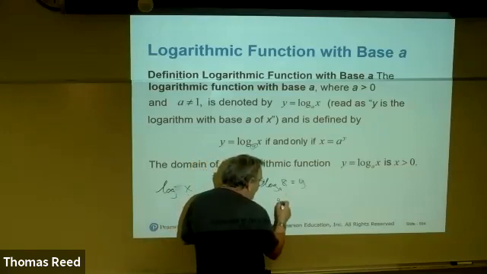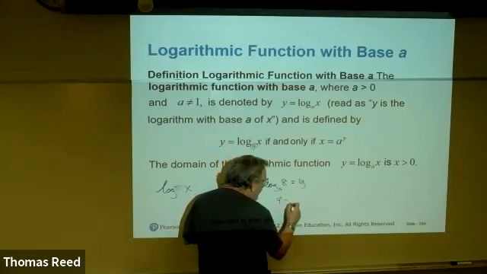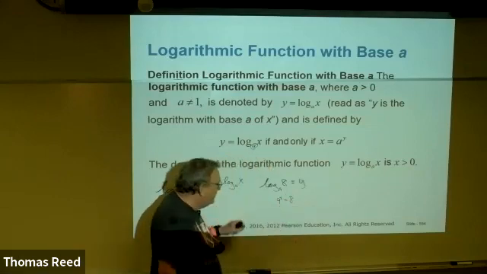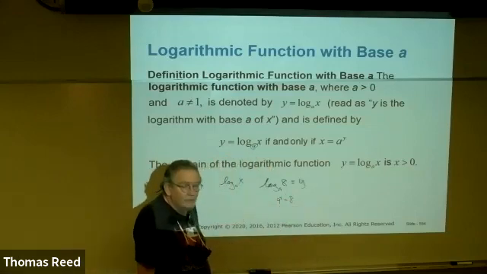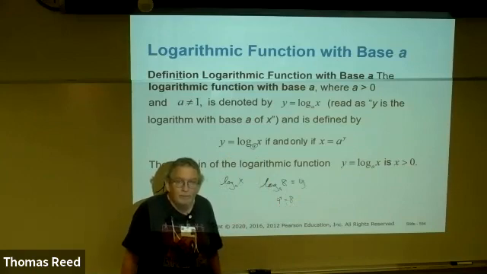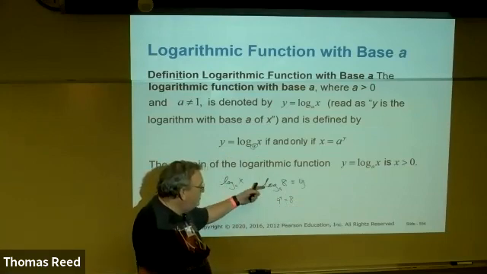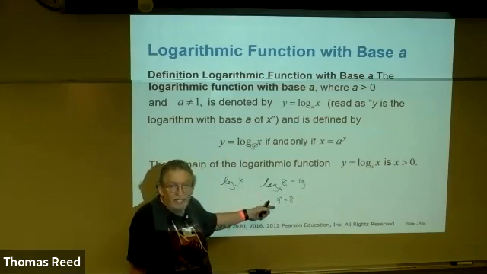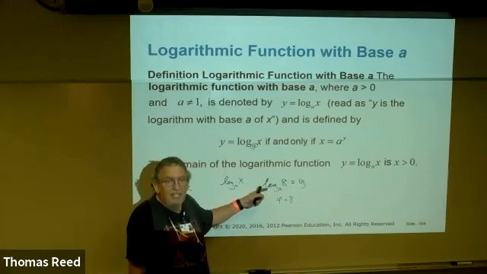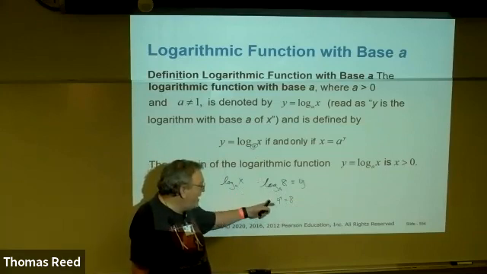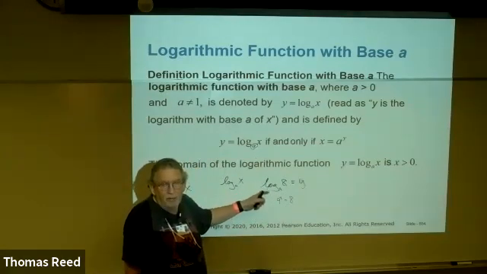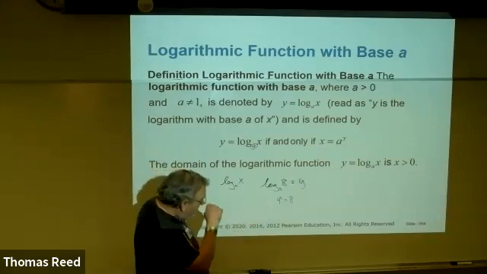So that would be 9 to the y equals 8. These two statements are what we call equivalent. They're equivalent statements because y is the same value in both of them. Okay.